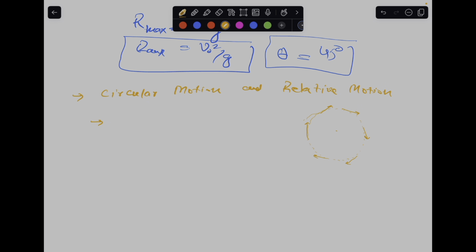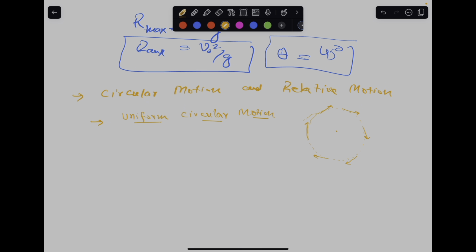It covers distance along a curved path, and when it moves along a circular path with constant speed, this motion is known as uniform circular motion, which means it is moving with constant speed.